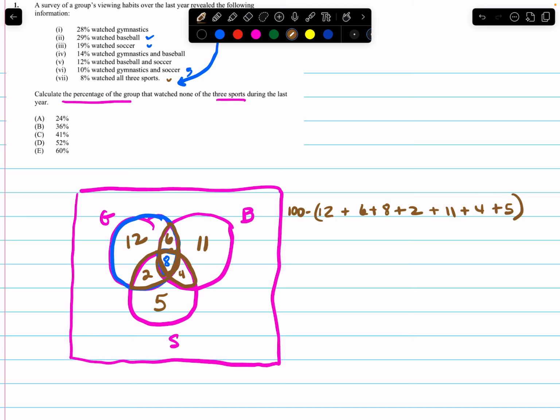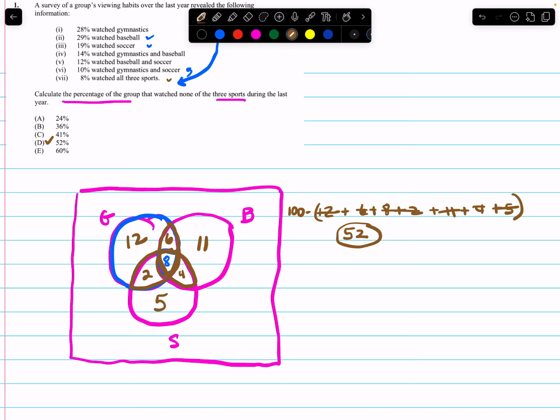So there's a 10 right there, another 10, so that's 20, plus this 32, plus this 43, plus 5 is 48, so 100 minus 48 is 52. So the answer is D.